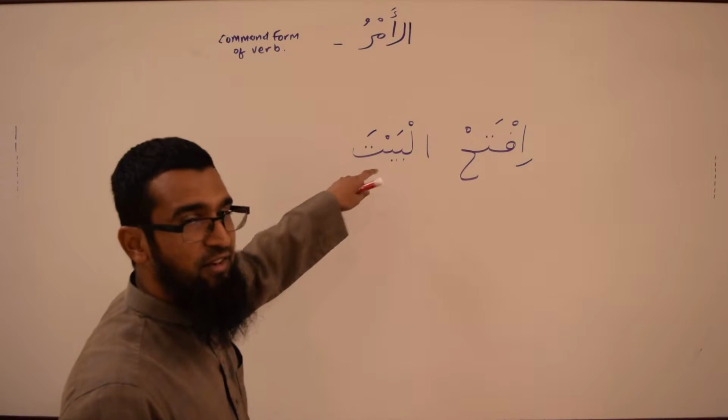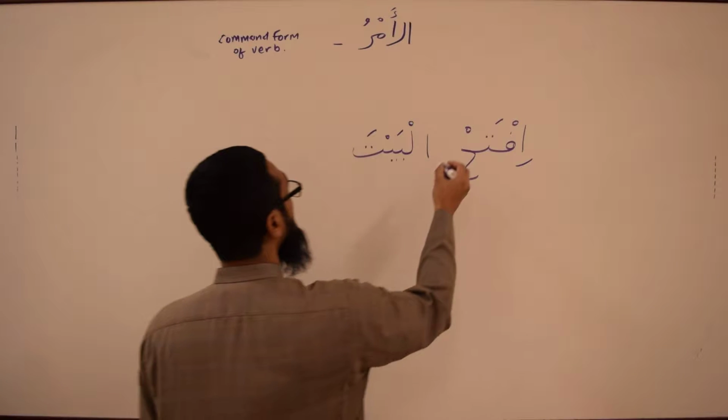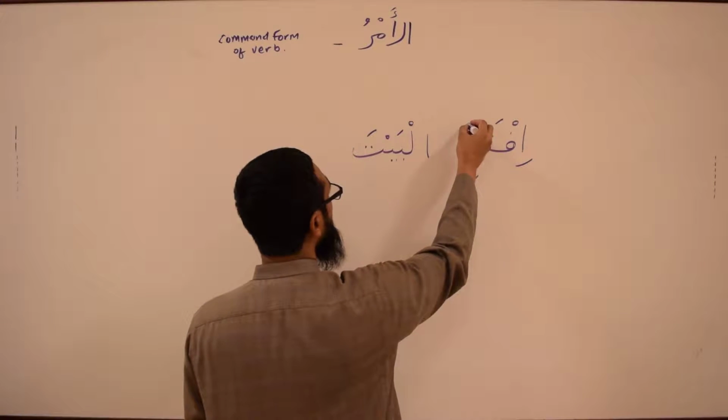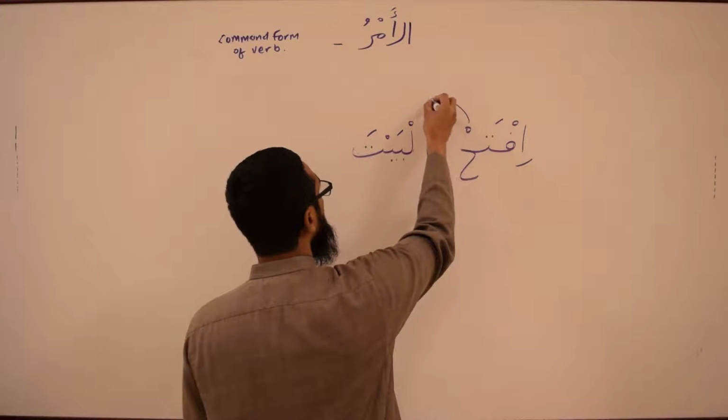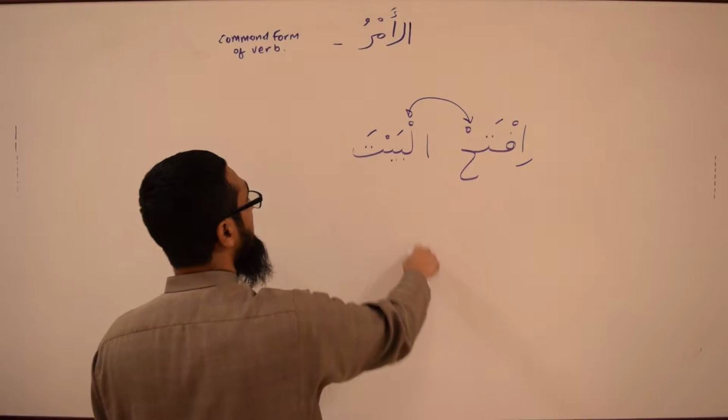So al-bayt is taking a fatah because it's the maf'ulun bihi, right? That's what's being opened. Iftah al-bayt. So we have a sukoon here, right? Then we have another sukoon. Remember, this is hamzatul wasl, right? So what do?